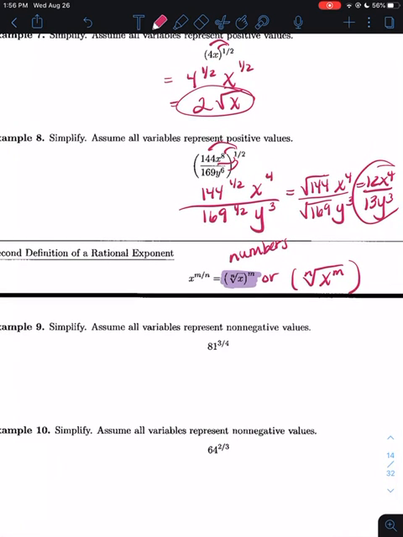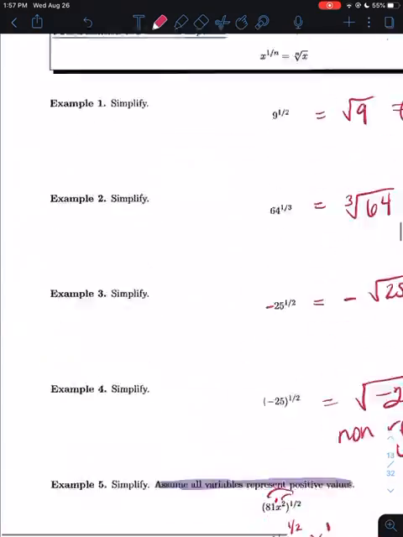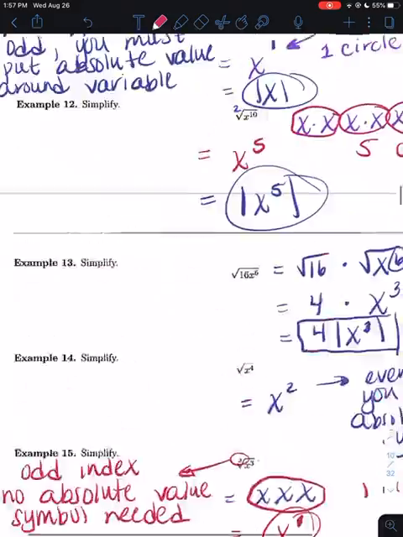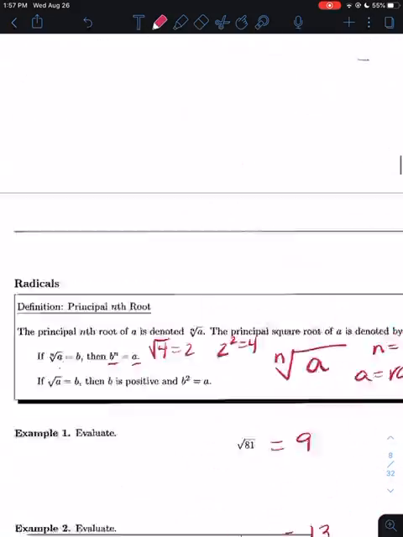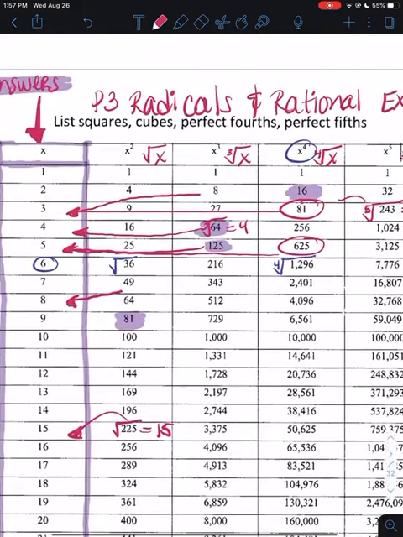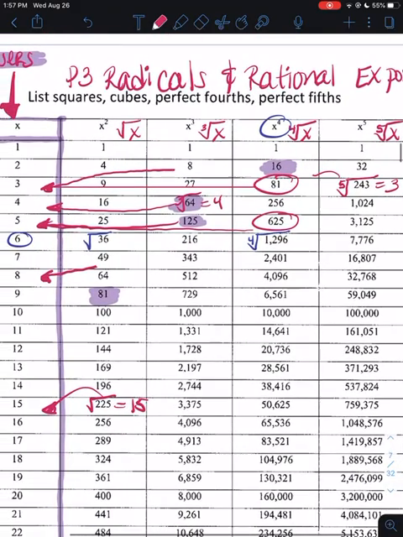So I have 81 to the 3 over 4 power. Well, that's the same thing as the 4th root of 81, and then I need to put the 3 on the outside. The numerator goes on the outside. Well, what is the 4th root of 81? If I go to my chart in the 4th root column, I'm looking for 81.